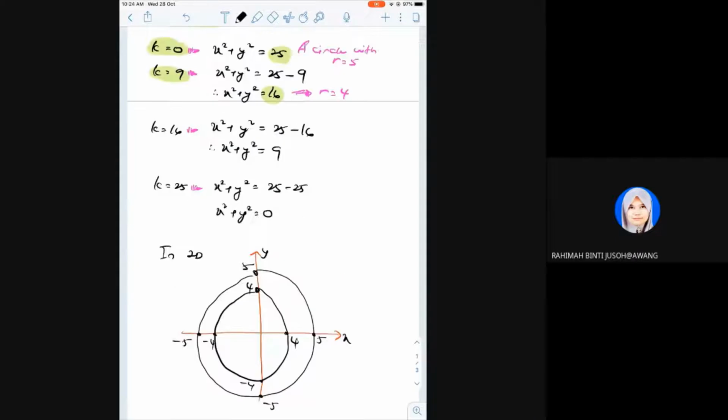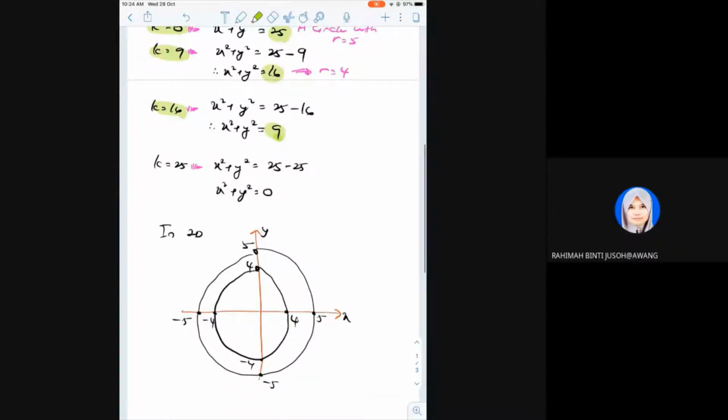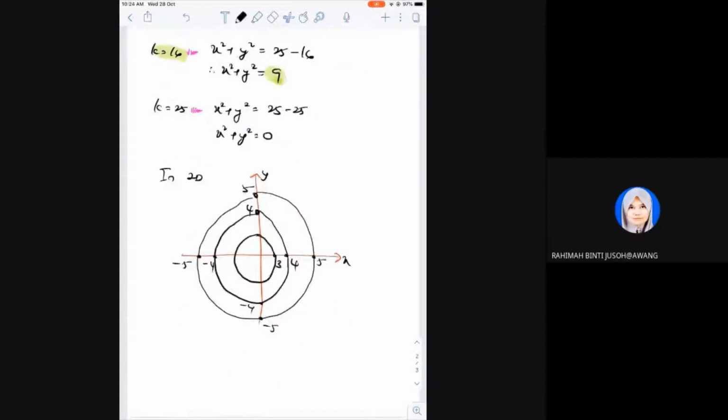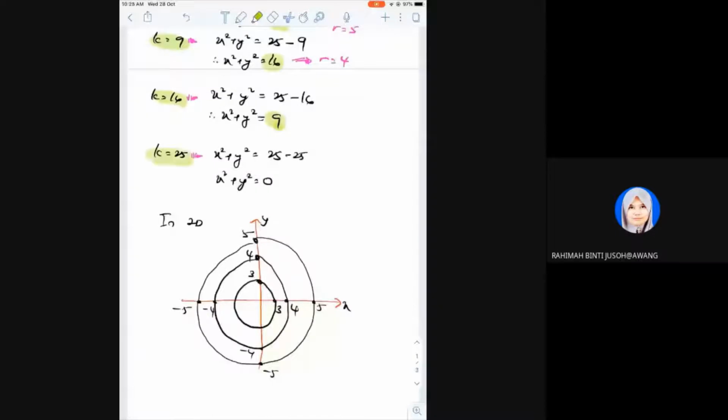Next, if we keep continuing, when k equals to 16, we have x squared plus y squared equals to 9. So we will have a smaller circle with radius 3. So let us plot, here is 3. Up here should be positive 3. Now the last one. What happened when k equals to 25?